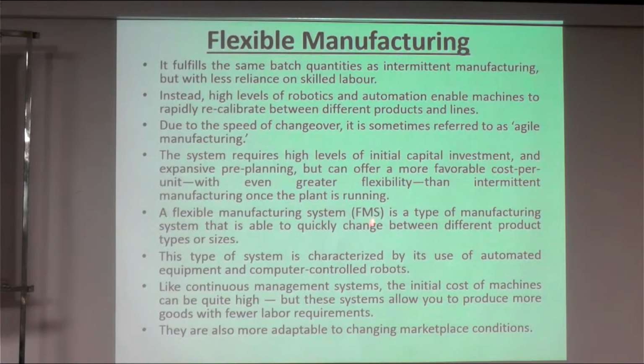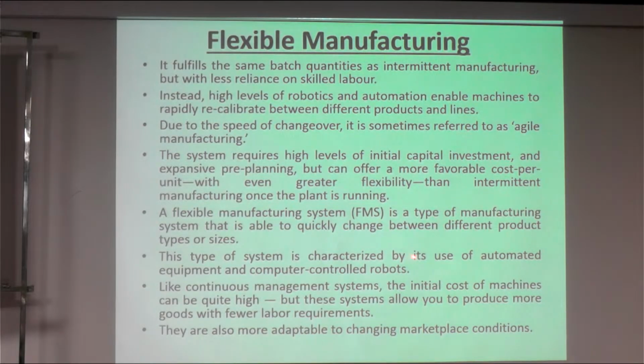A flexible manufacturing system, FMS, is a type of manufacturing system that is able to quickly change between different product types and sizes. So here what happens, you can easily change the design, you can easily change the product, so that within the same workstation, you are flexible to change the design and adapt it.